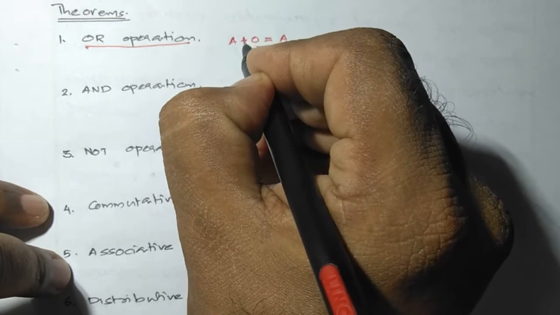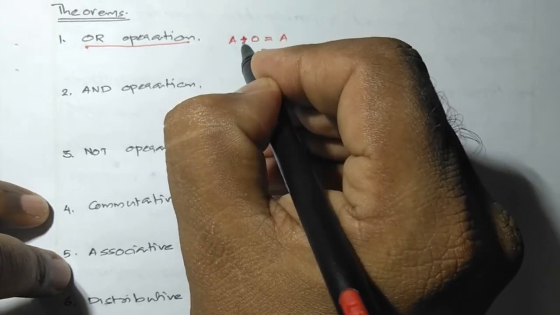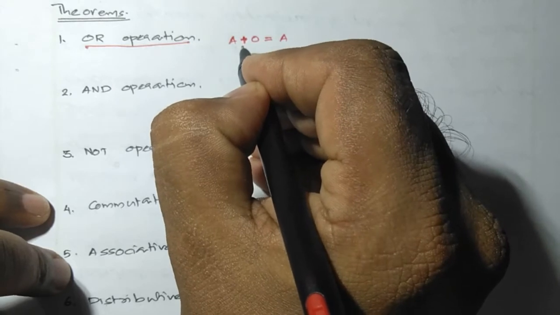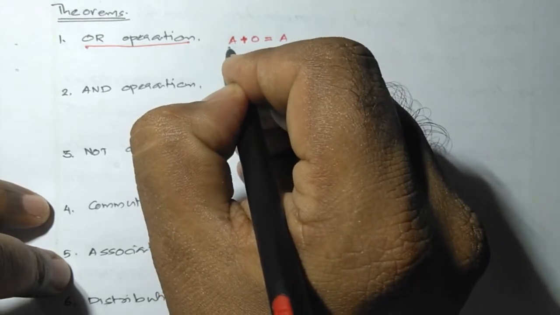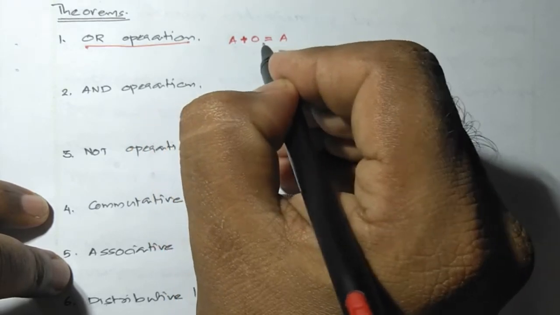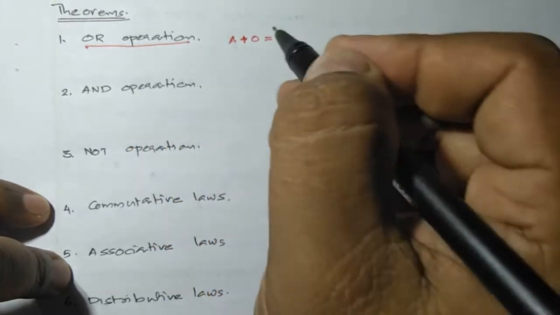This is a plus sign, but we call it OR. This is the symbol of the OR operation. So we spell it as A OR 0 equals A.